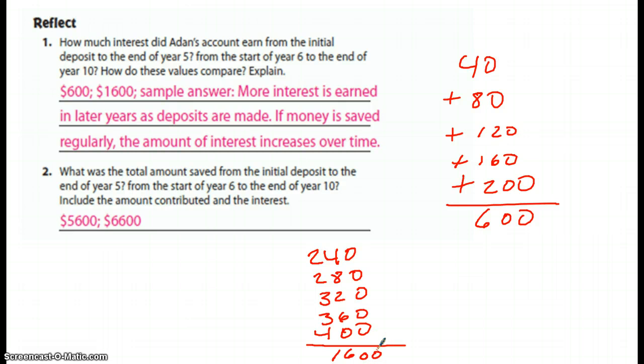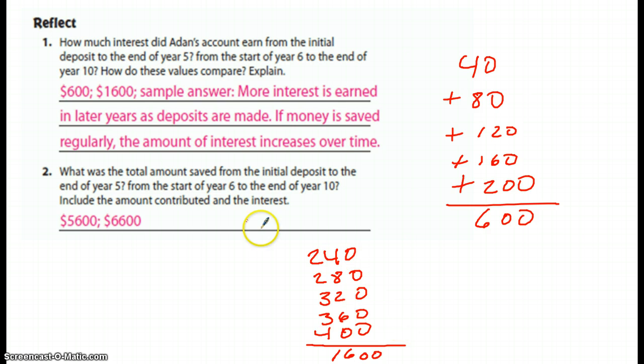Why is the difference so great here? The reason is because as he saved money regularly, the interest increased, especially when he's inputting a greater amount of money. He started off early with a smaller amount, but as he continued through year 10, the money value increased, which caused the interest payments to increase.